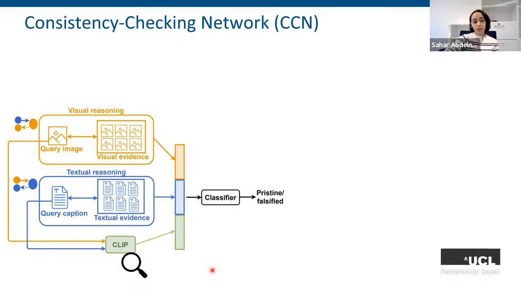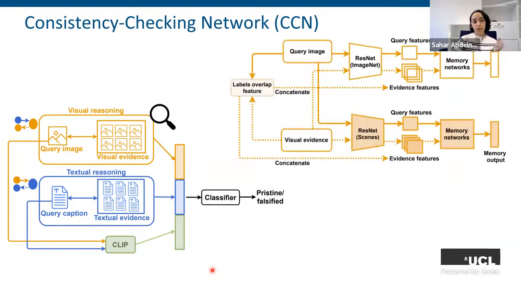So moving to our main contributions, the visual reasoning and textual reasoning. As the main motivation, the visual reasoning tries to find the consistency or the similarity between the query image and the visual evidence. And again, as a reminder, we got the visual evidence when we searched with the caption.